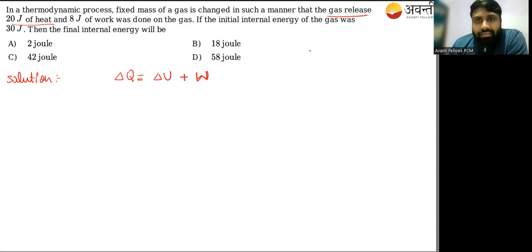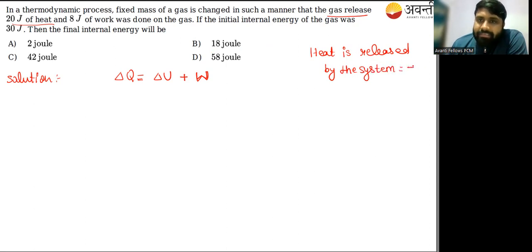So when heat is released by the system, it is considered negative. If heat is absorbed by the system, it is considered positive.